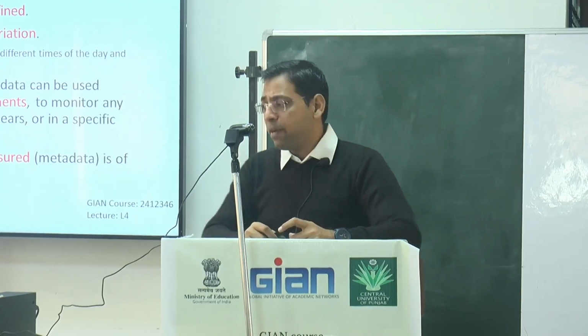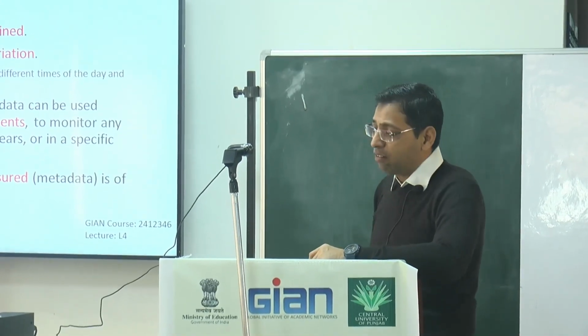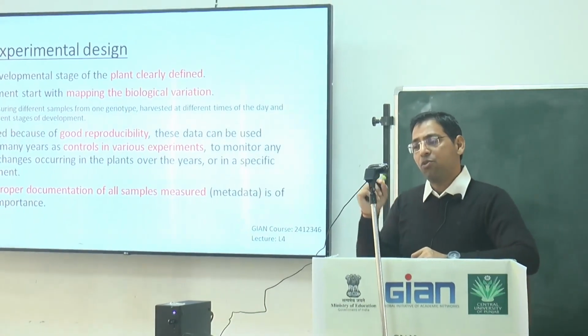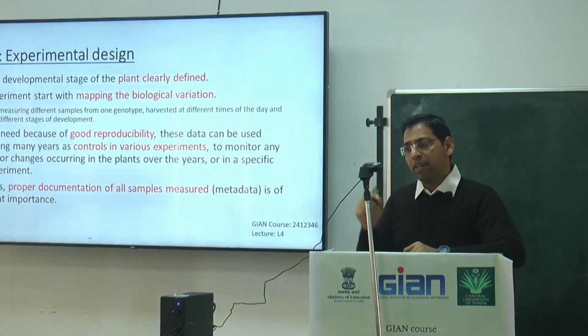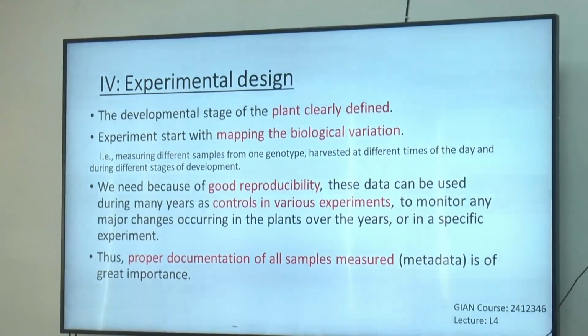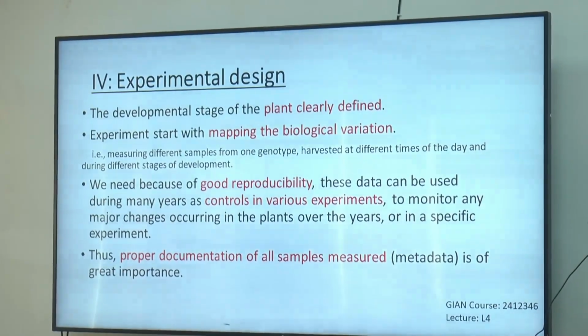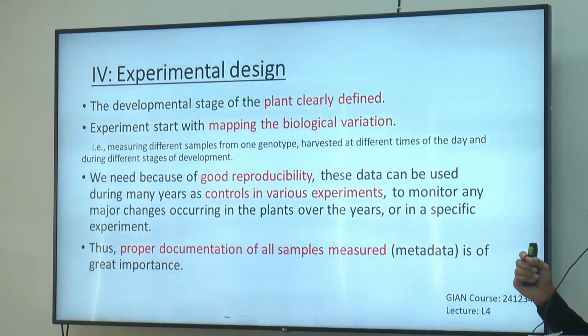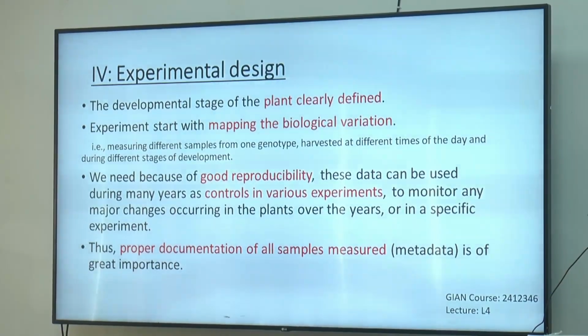Now experiment means the point is what you want to do actually. So which metabolites you want to identify in a particular situation, or differentiate between the transgenic and the non-transgenic, or you want to differentiate a particular species from the other one on the basis of a particular metabolite accumulation.